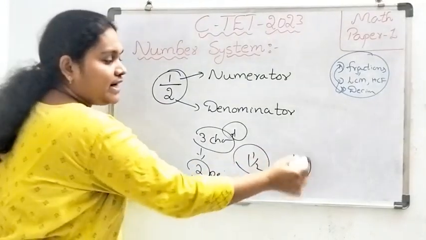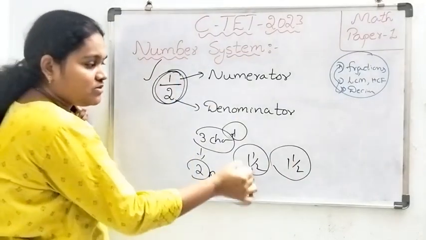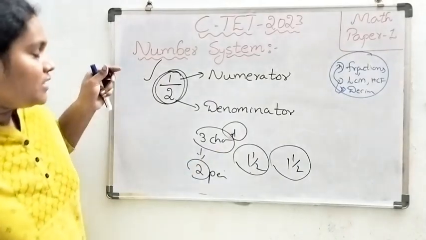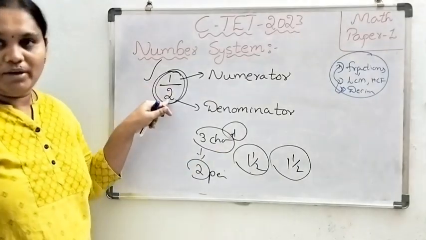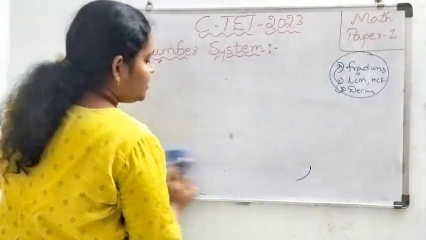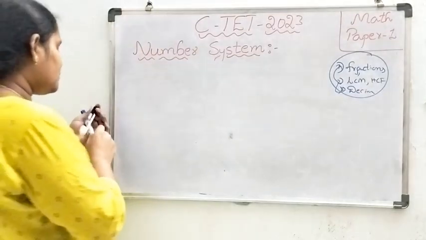So each person will get 1 and a half. Every time we can't observe this type of fraction; sometimes they will get more. So based on the numerator and denominator, we can notice different types of fractions.